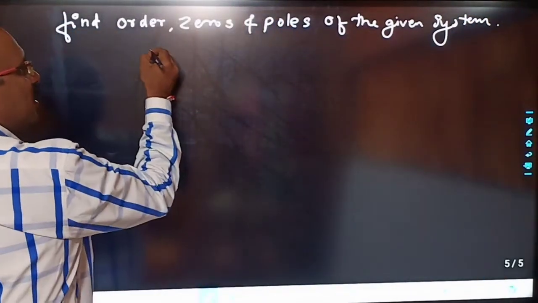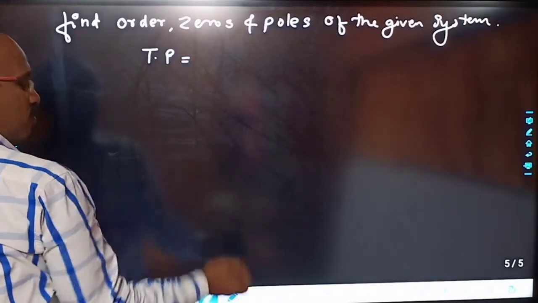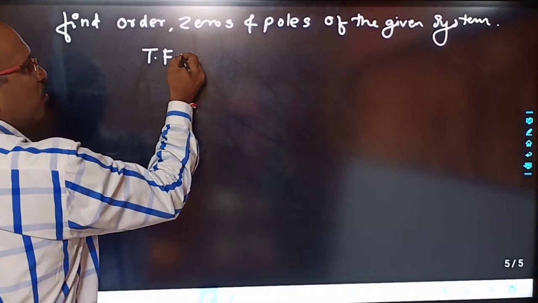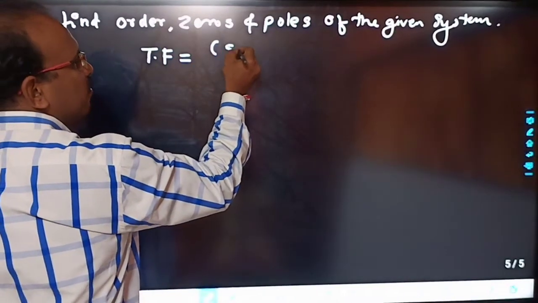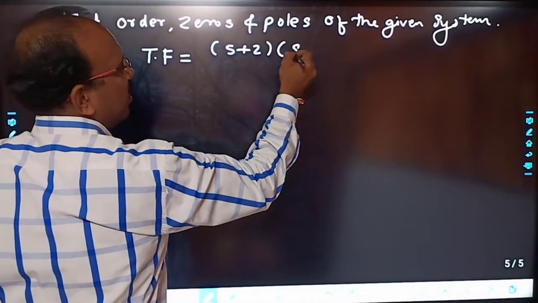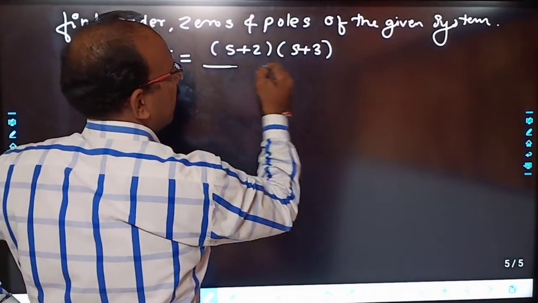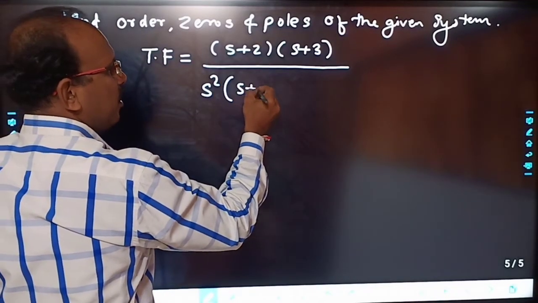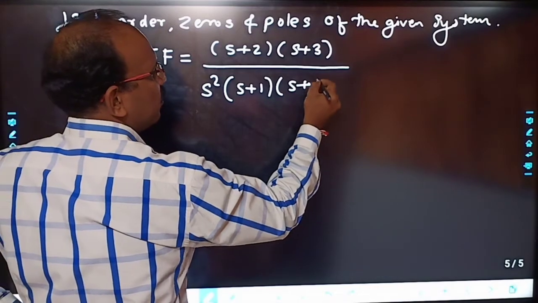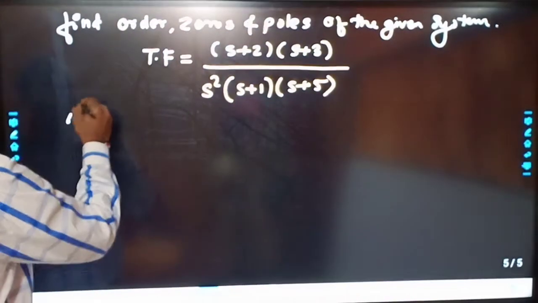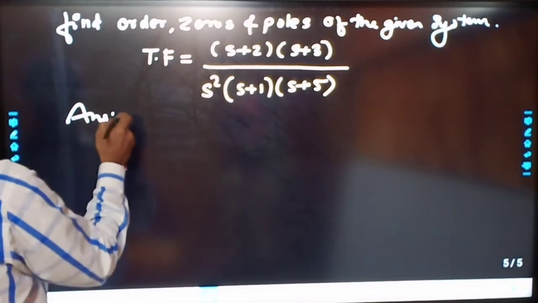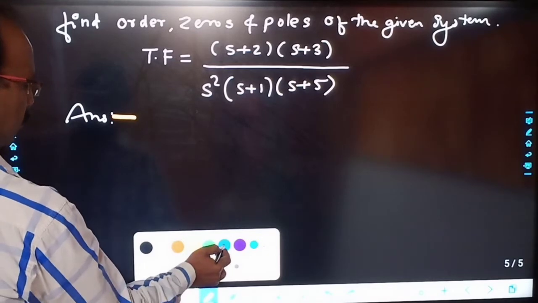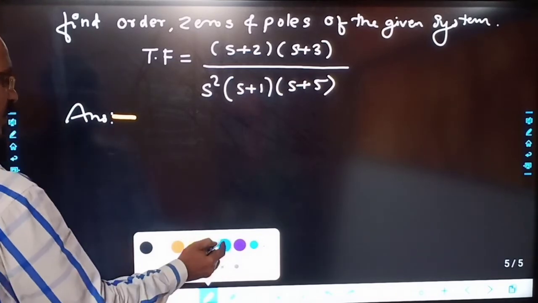The system transfer function is equal to S plus 2, S plus 3, divided by S square, S plus 1, S plus 5. Now tell me your answer.